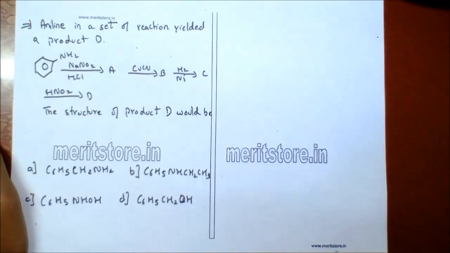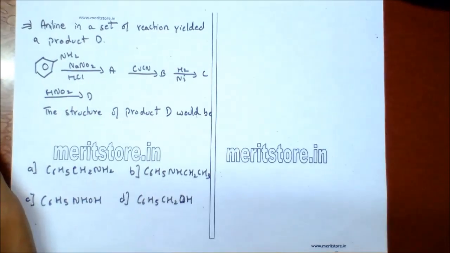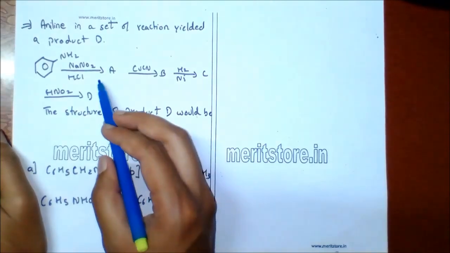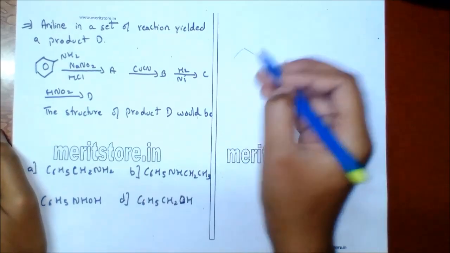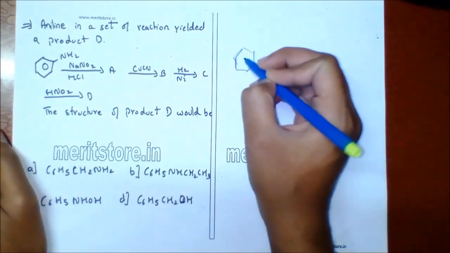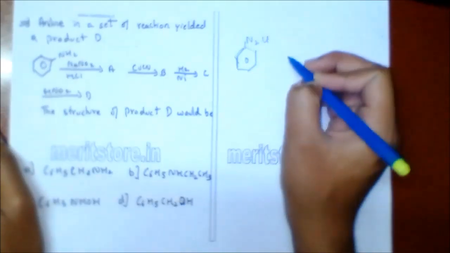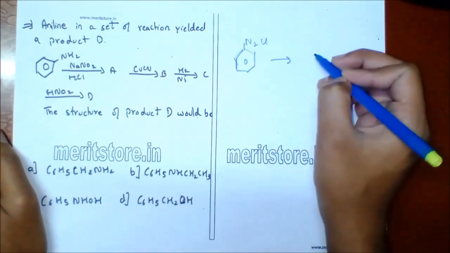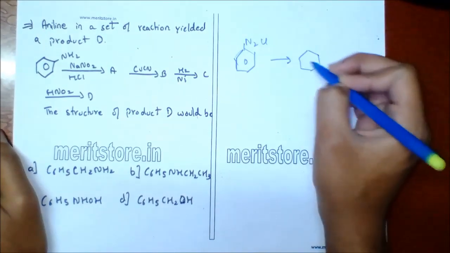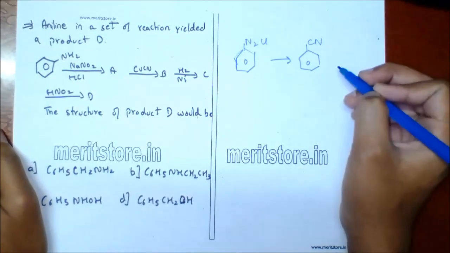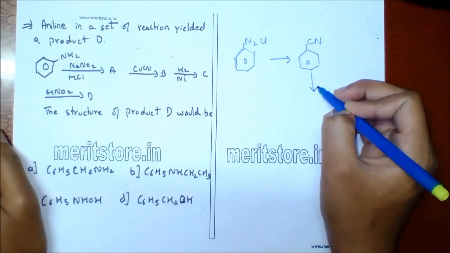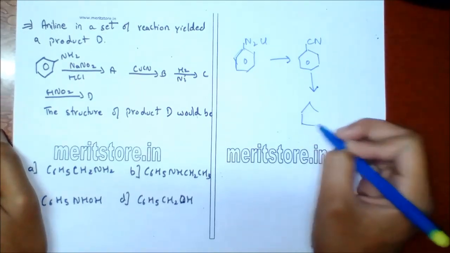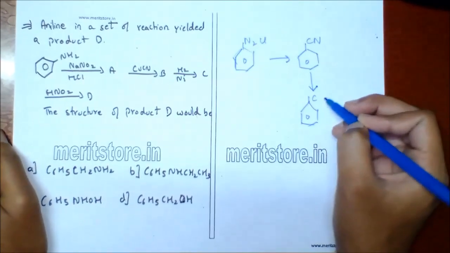Aniline in a set of reactions yielded a product D. So we have to find what D is. When aniline reacts with NaNO2 and HCl, the compound A is formed. So A is benzene diazonium salt, which on reaction with CuCN gives B. So B is benzene cyanide, which on reaction with hydrogen and nickel gives compound C. So C is benzene attached to a methylamine.